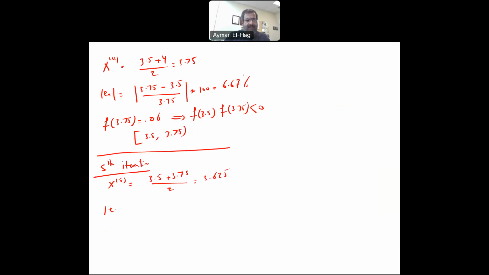Then you find the error, which is (3.625 minus 3.75) divided by 3.625, and this will give me 3.45%, less than the 5%. So I will stop here. I don't need to investigate anymore, and this solution will satisfy my requirement.